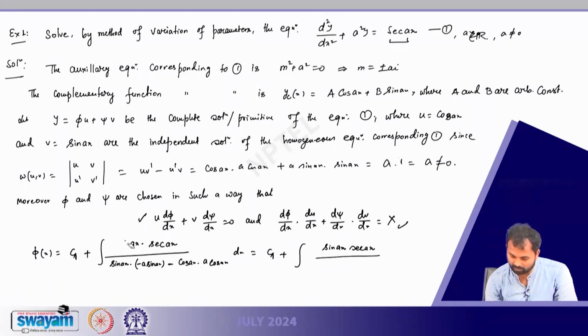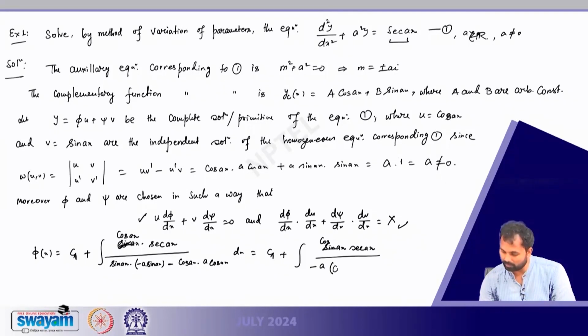So, this is cos of Ax, and here I will take minus a out. So, I will have cos square x plus sine square x, dx.